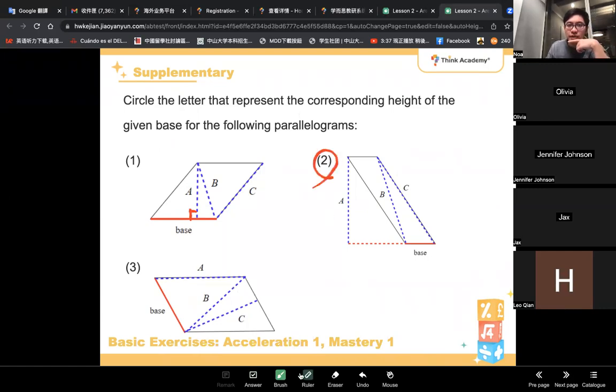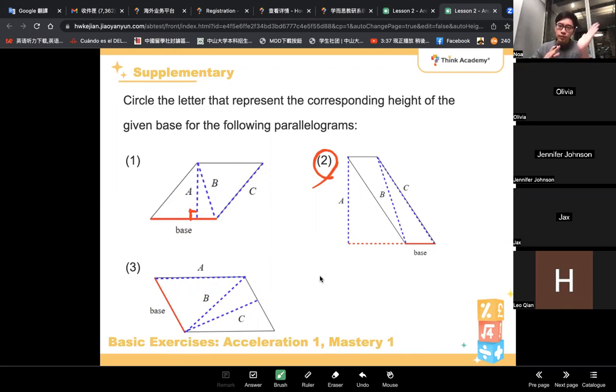What about number two? Can you tell me which is the height for number two? Yes, right angle, copy. Nice. Yes, I see so many A's. Great job. Sometimes it's hard for us to find the height.